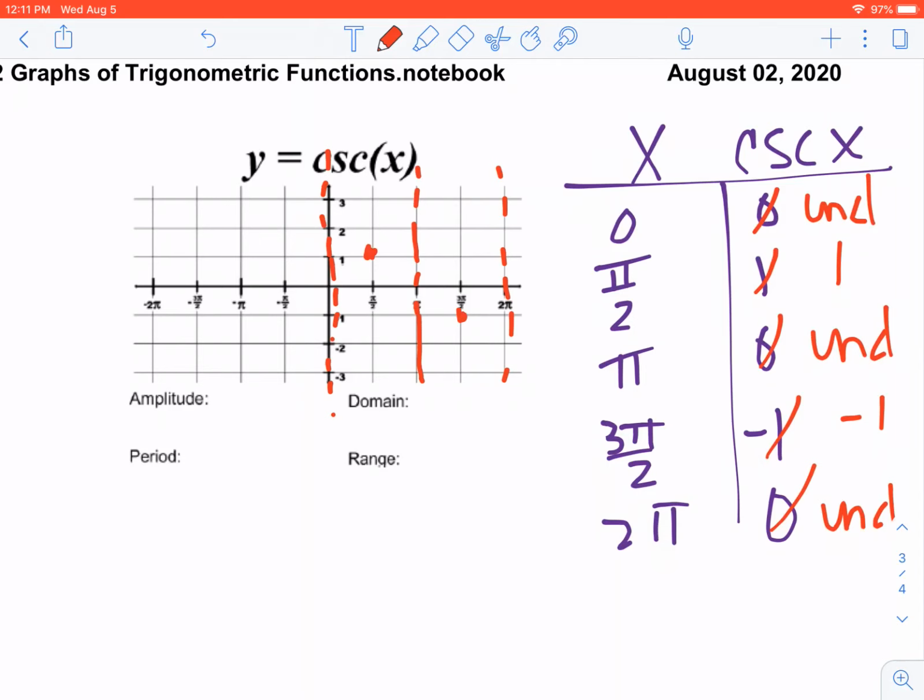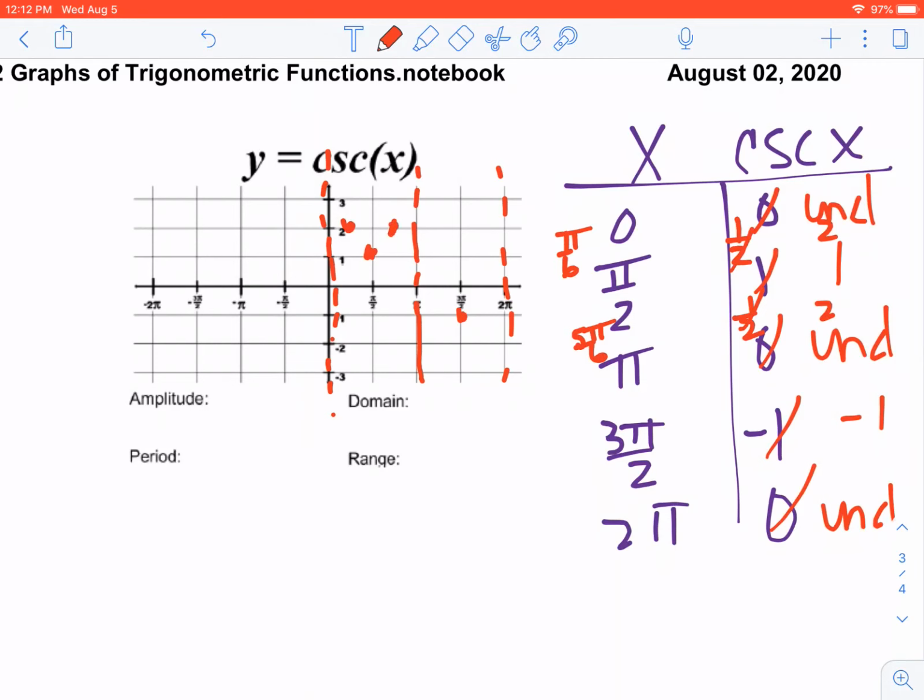Think about what's happening at pi over 6. I picked pi over 6 because the sine of pi over 6 is 1/2, so its reciprocal is 2, correct? So at pi over 6, I would be at 2. Well, let's talk about what's happening at 5 pi over 6. At 5 pi over 6, the sine of 5 pi over 6 is 1/2, so its reciprocal is also 2.